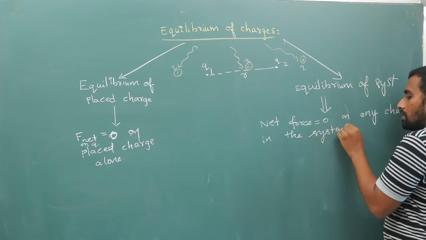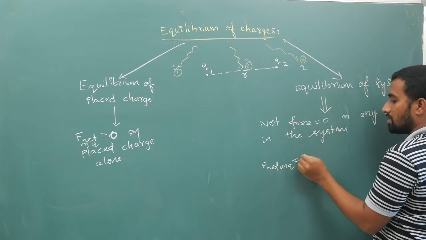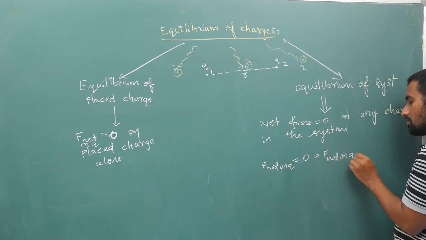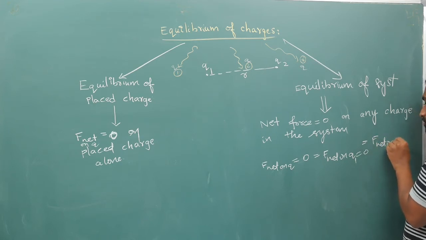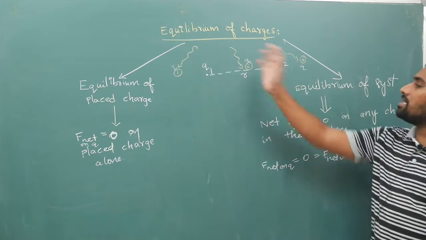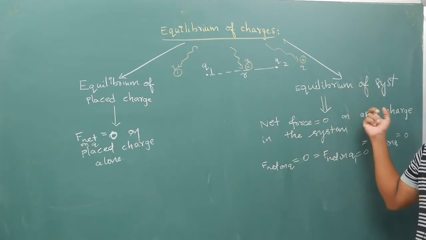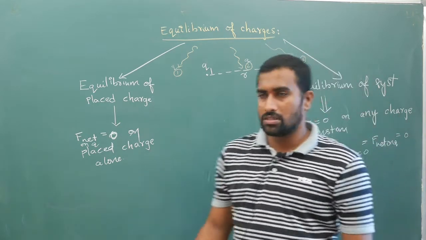That means net force on the placed charge is 0, net force on q1 is 0, net force on q2 is also 0. You take any charge in the system when you are referring to equilibrium of system, the net force is 0.